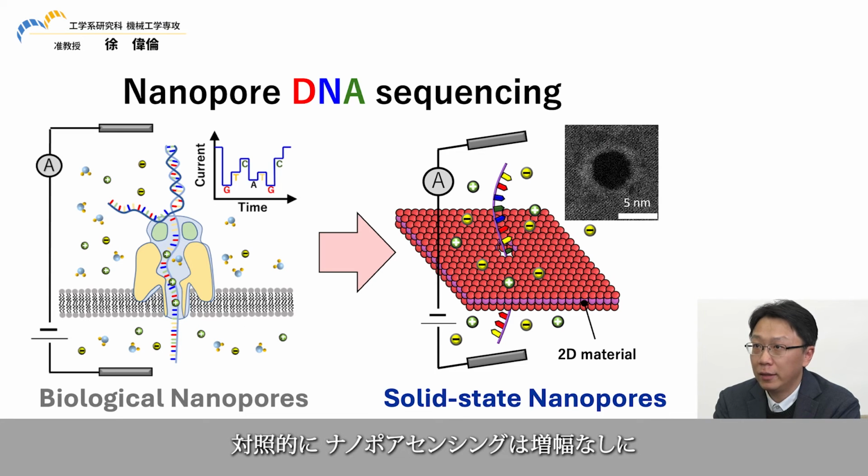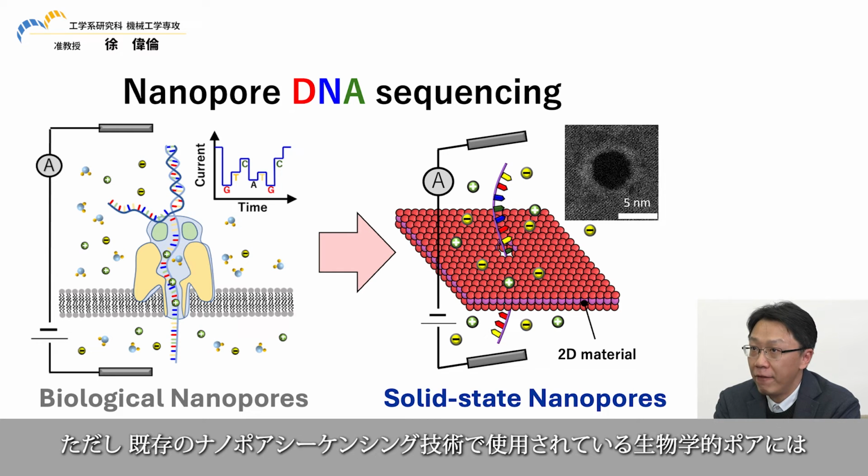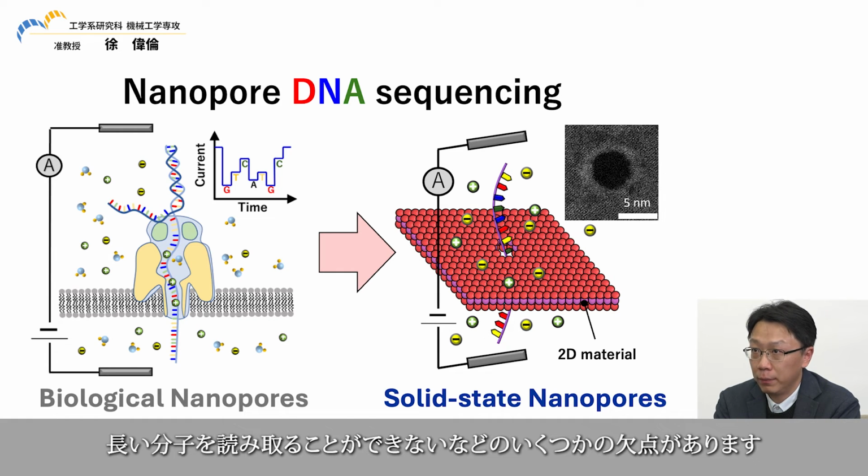In contrast, nanopore sensing provides a simple way to directly detect each nucleotide on DNA molecules without amplification. However, biological pores used in the existing nanopore sequencing technology have a few shortcomings, including weak mechanical strength, low thermostability, and incapability of reading long molecules.